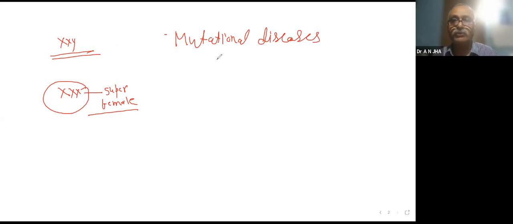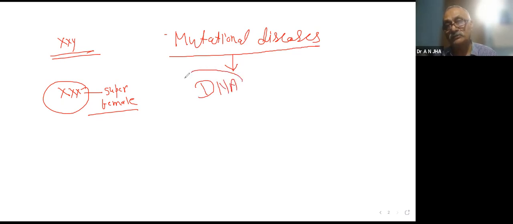So any question from your side again, children? Again, I am telling you, when you come to the mutational disease, you should have the basic idea of DNA. Here, we have discussed meiosis.